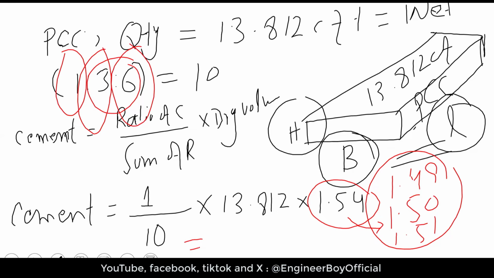So the quantity of cement: if you multiply 13.81 with 1.54, this should be 21. And 21 times 1 is the same thing. We will divide that by 10, so we have the quantity of cement, which is 2.127 CFT.